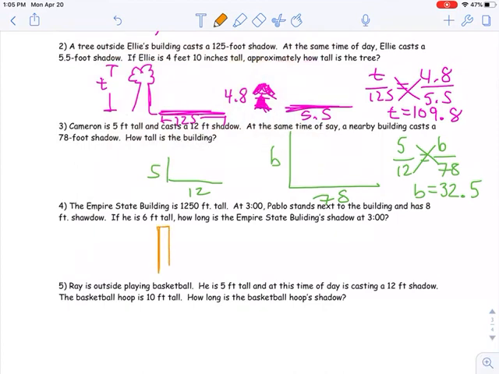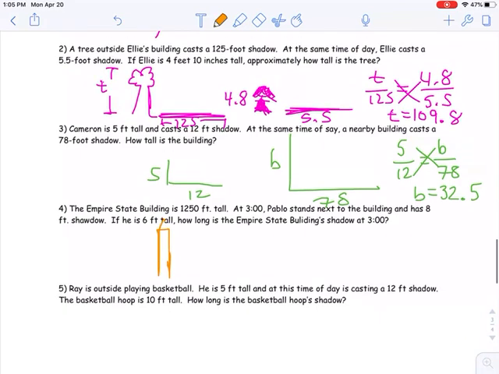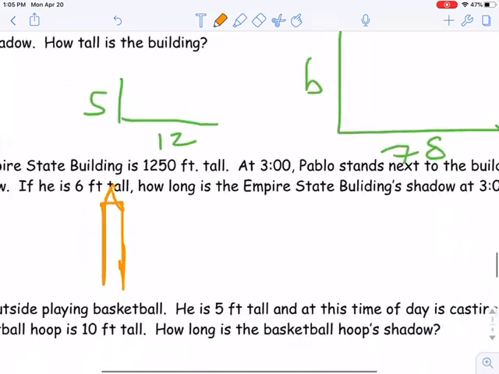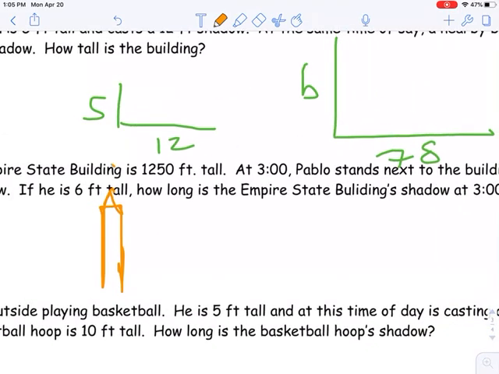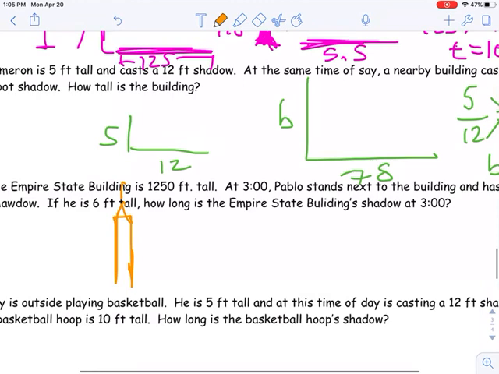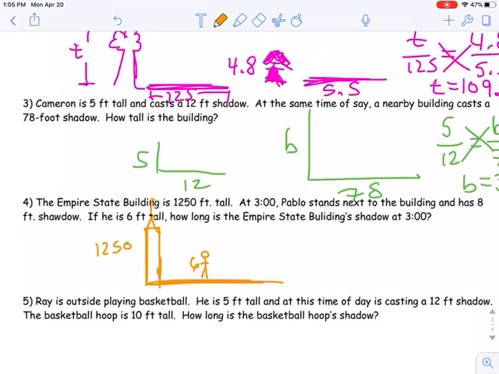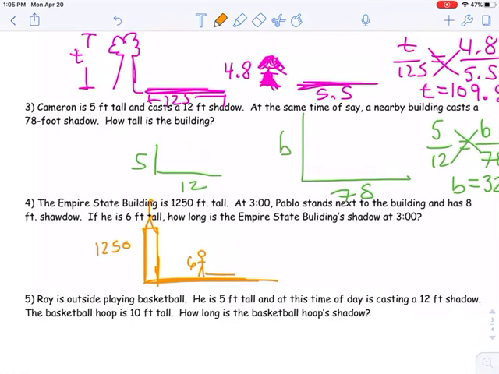So here's a detailed picture of the Empire State Building. That's about as accurate as I can draw it. Put an antenna at the top. Now it's 1,250 feet. How long is the shadow? Well, Pablo is only 6 feet tall and has an 8-foot shadow.